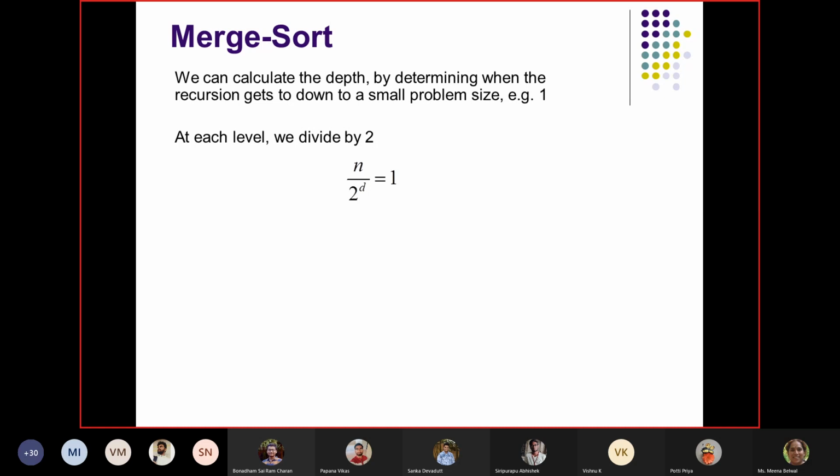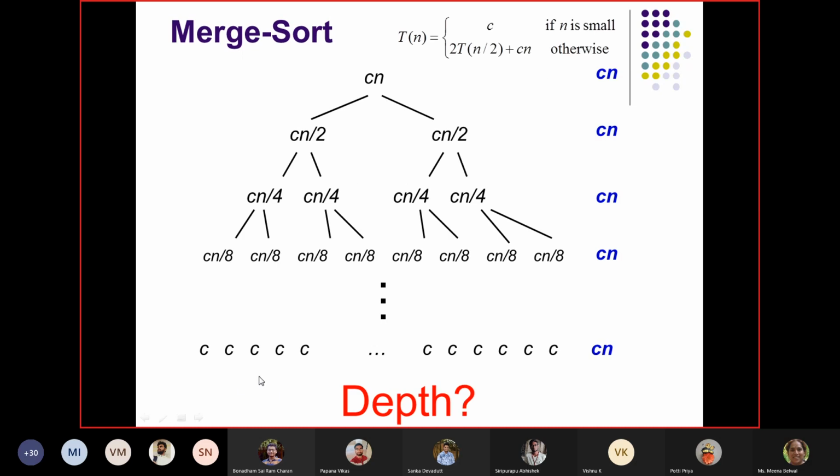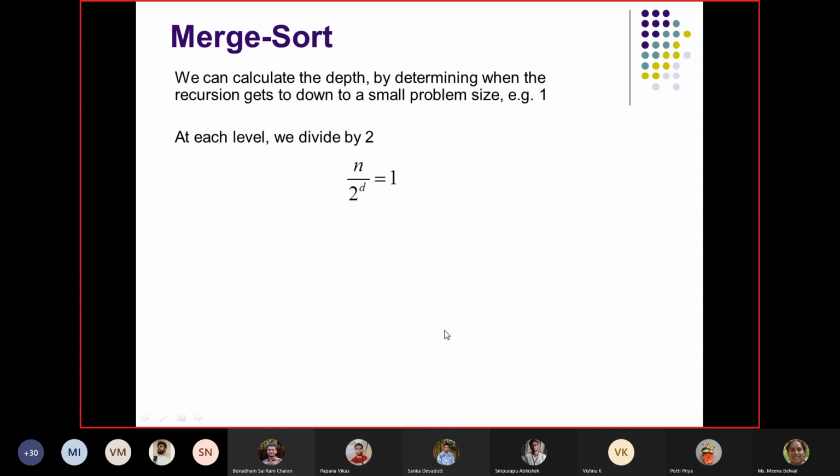And at the end when I reach the last level, this is going to be 1. Right? So till how long will we do it? Till we reach a level wherein I have only one element in the array. So this C is going to become 1. Till then we will keep on dividing. So if we do that, the depth is D, so n divided by 2 to the power D is going to be 1.